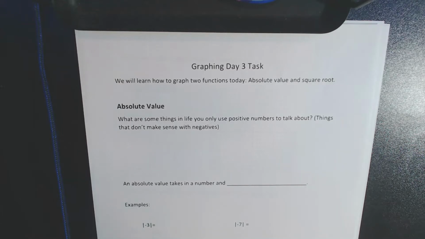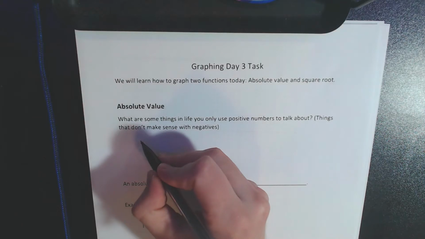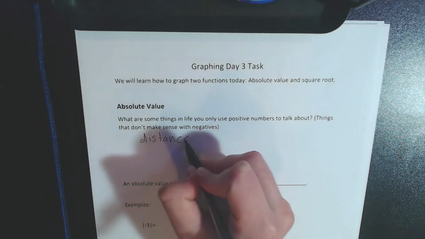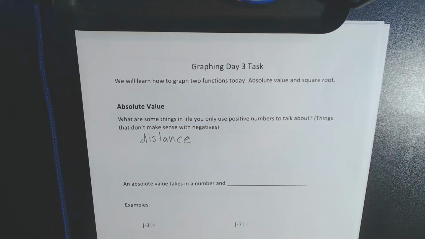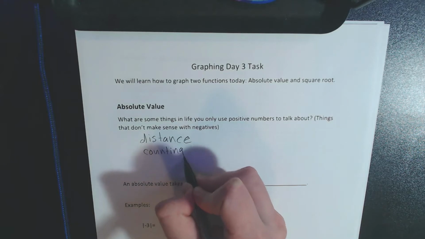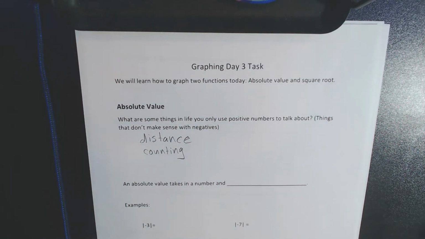Some examples of situations where you only use positive numbers are distance and counting things, right? You can't have a negative number of something, okay?